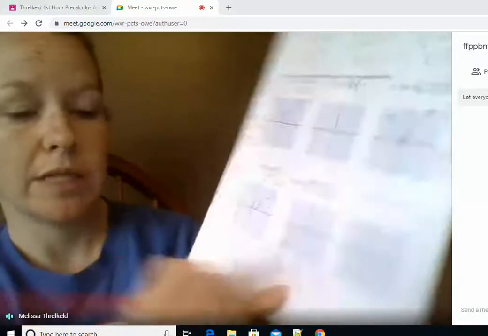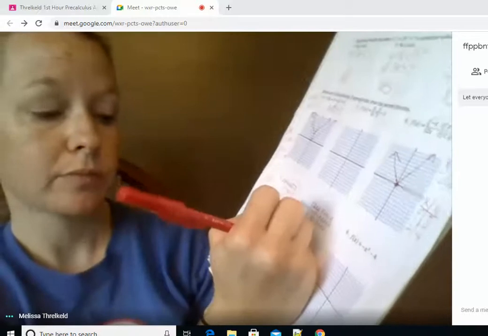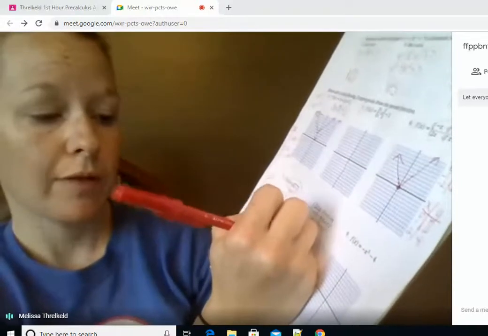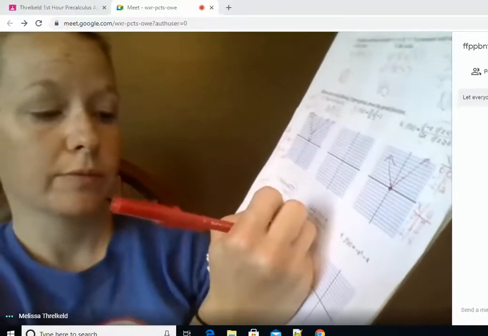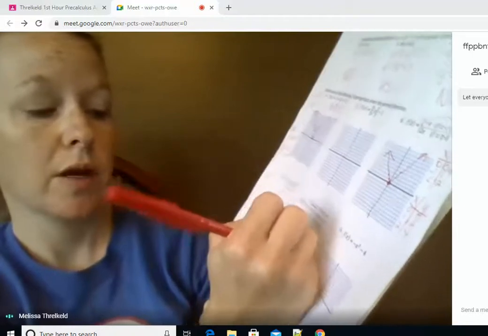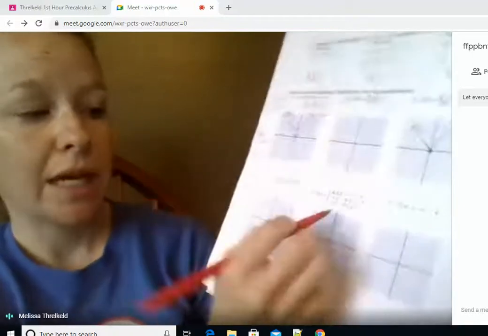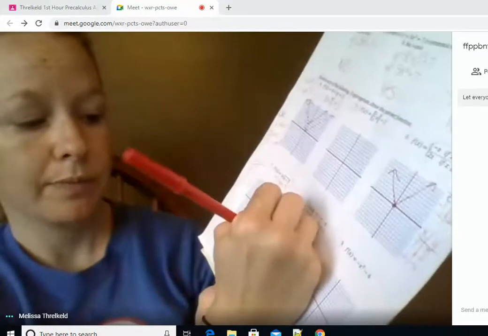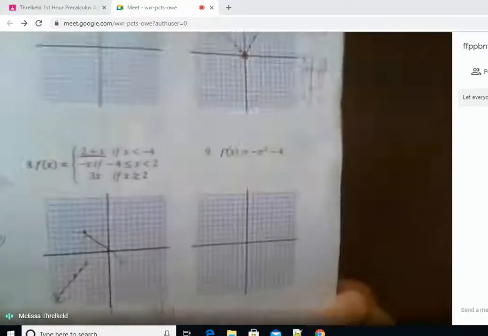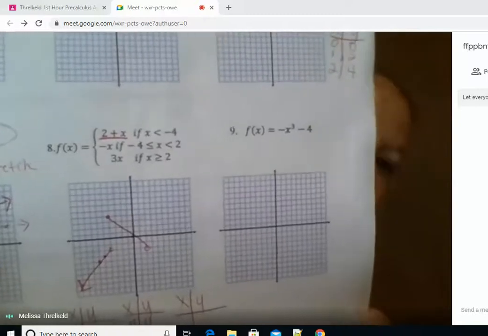Opposite of 0 is 0. Opposite of 2 is negative 2. So graph those. Negative 4, 4. It's closed. 0, 0. 2, negative 2 is open. Because this had a starting and a stopping point, you're not extending it in either direction. It's just a line segment there.